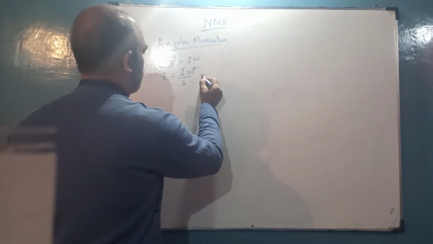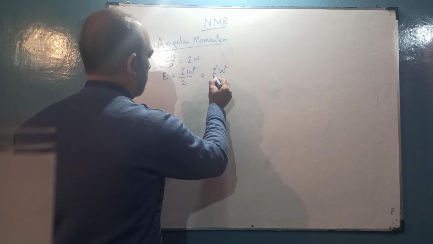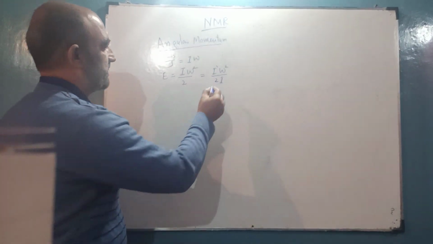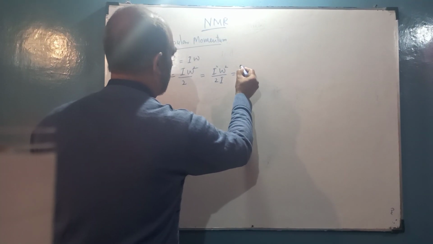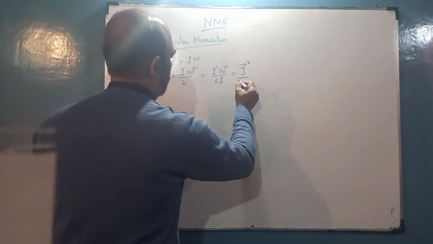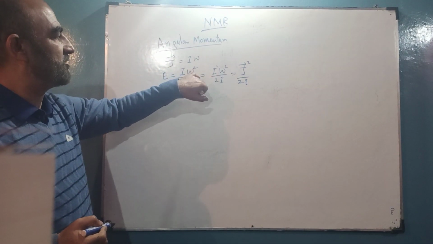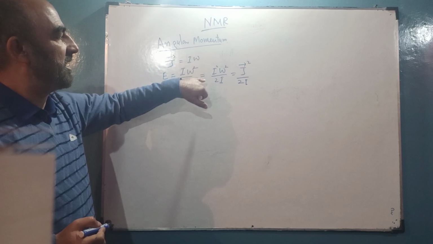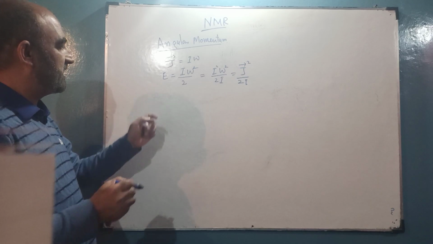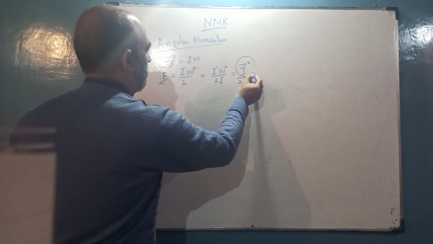Or we can write it as I square omega square divided by 2I. That means we can write it also as J square divided by 2I, as we have I omega equal to J. This equation relates the rotational energy with the angular momentum.